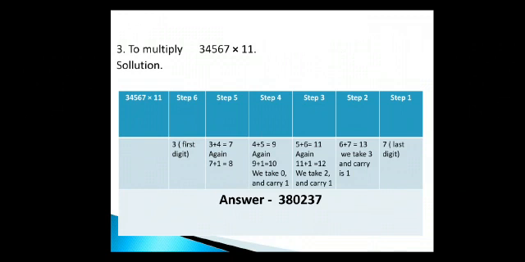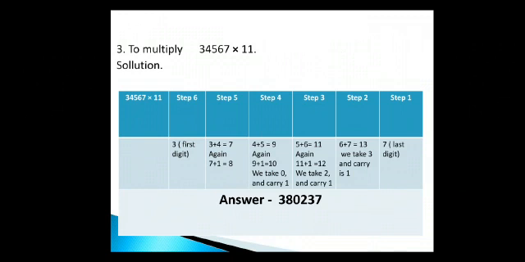Again we write 2 and carry 1. In step 4, we add 4 plus 5, that is 9. Again the carry was 1, so we add 9 plus 1, that is 10. So we will write 0 and the carry is 1.